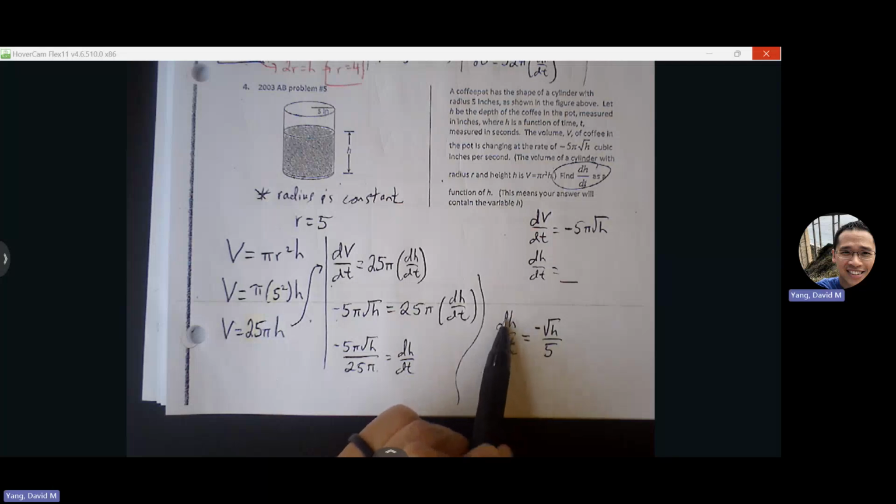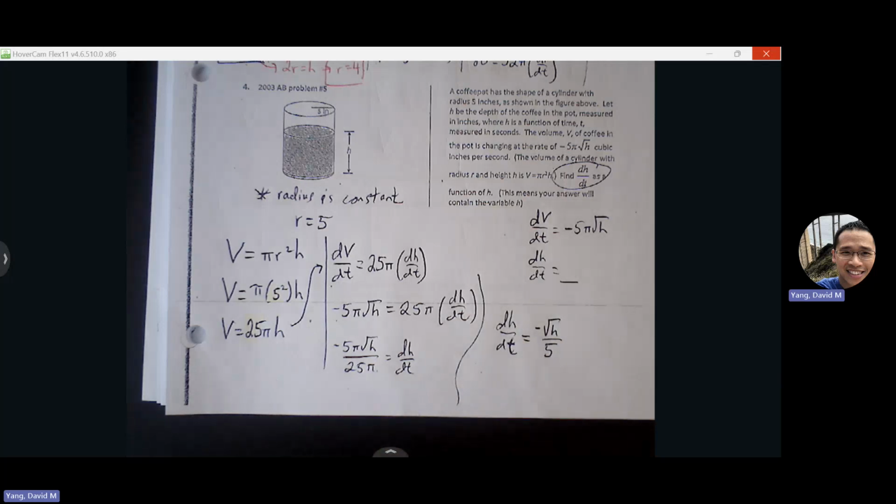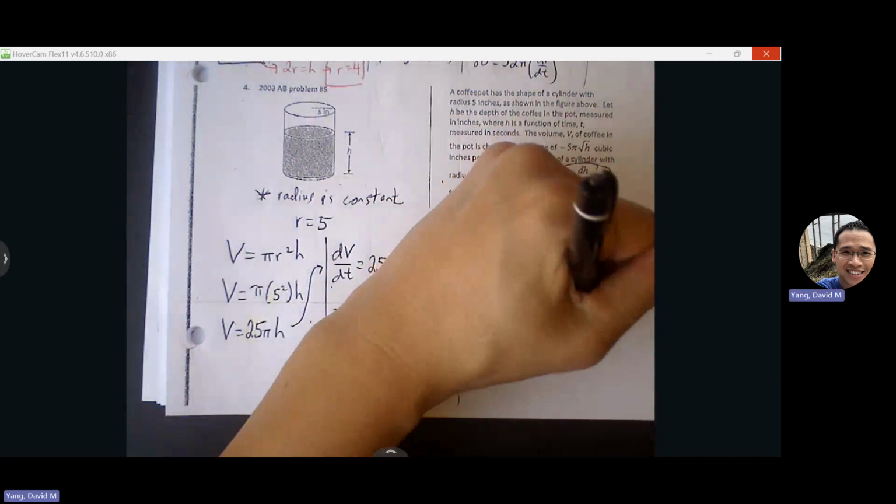Well, it's height. So height is just what? Just inches, yeah. So only time we have cubic is volume. Only time we have squared is area. Any other variable is just going to be single, just one dimensional, if it's height or radius or length. So just inches per second.